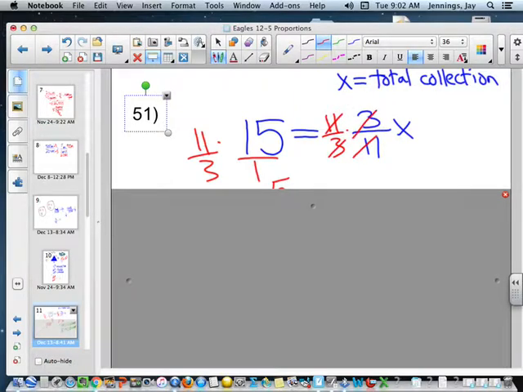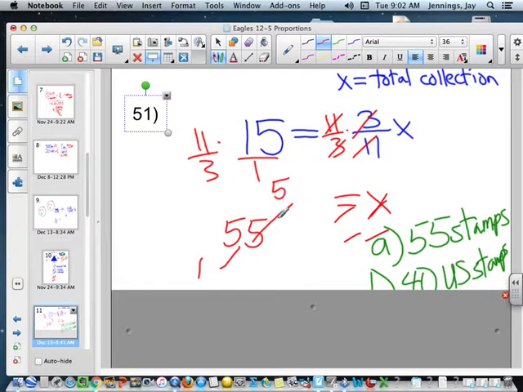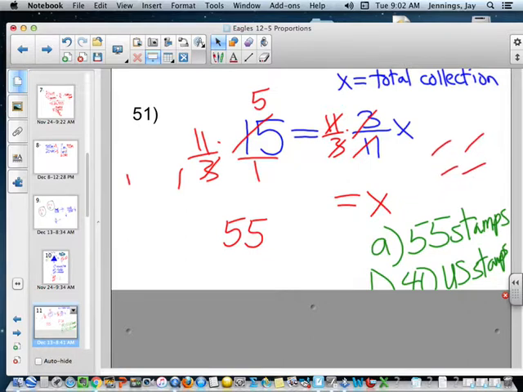We simplify on the right hand side. So then we would get X equals 55.